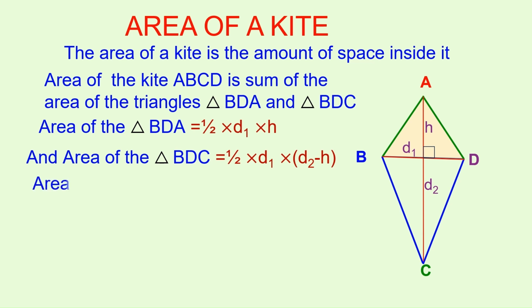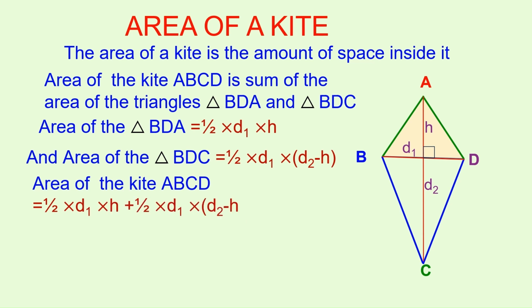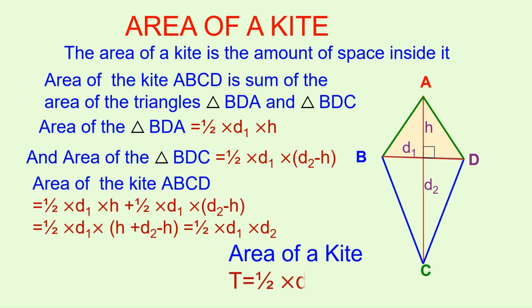Area of the kite ABCD equals 1/2 times d1 times h plus 1/2 times d1 times (d2 minus h), which equals 1/2 times d1 times (h plus d2 minus h). Therefore, area of a kite A equals 1/2 times d1 times d2.